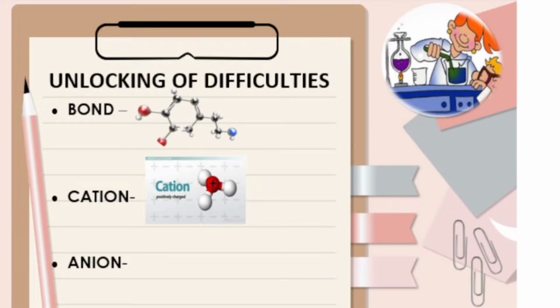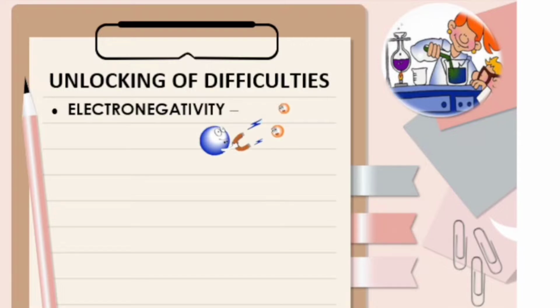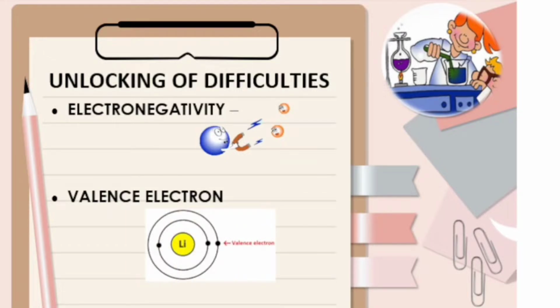Anion is a negatively charged ion. Electronegativity is a property of an atom that attracts the electron. And valence electron is the outermost electron.